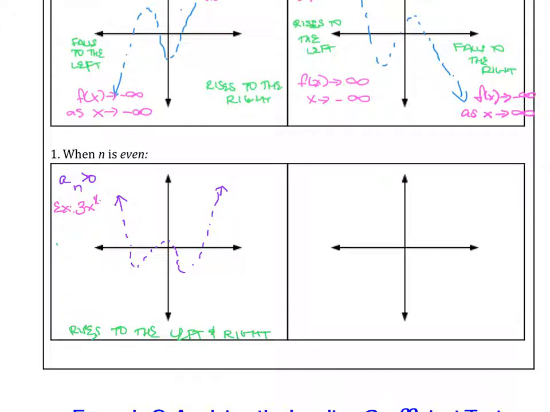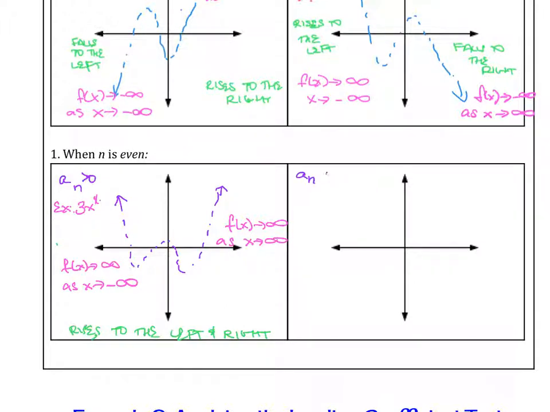And then how we would write that in this form: f of x approaches infinity as x approaches infinity, and f of x approaches infinity as x approaches negative infinity.